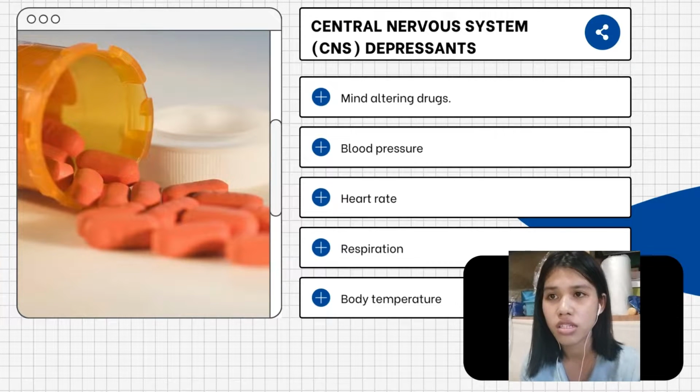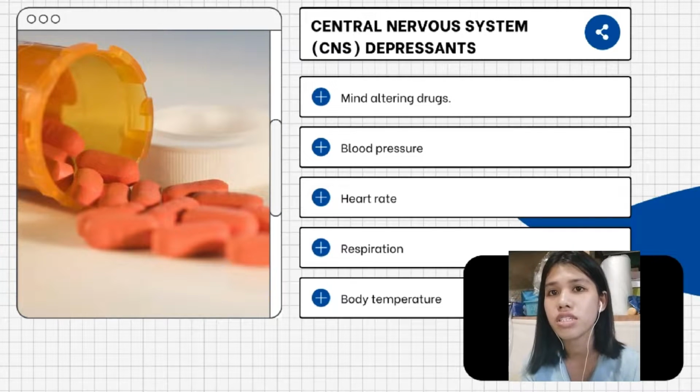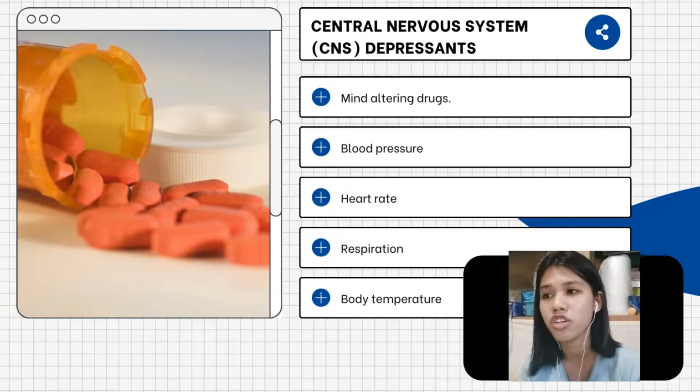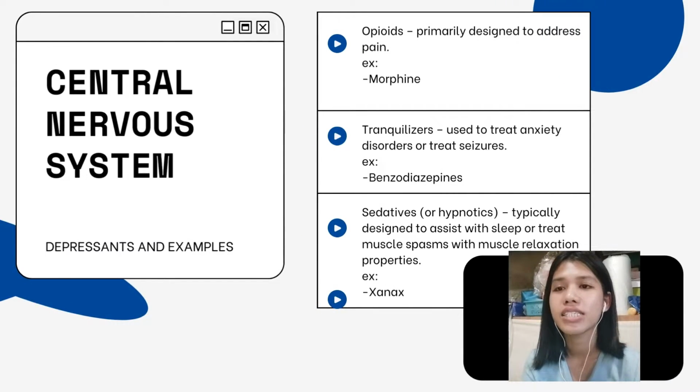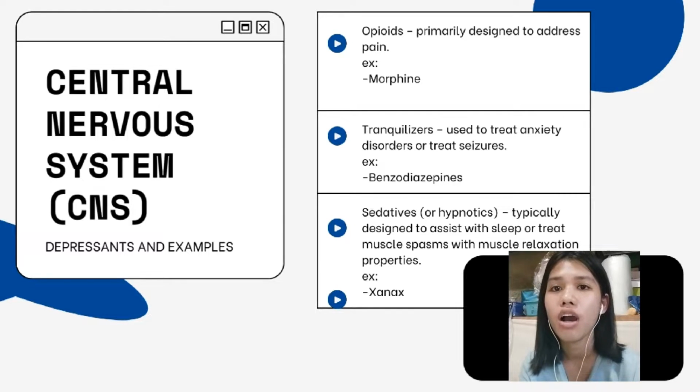CNS depressants are mind-altering drugs that may slow down or speed up the central nervous system and autonomic functions necessary for living. They may slow down or speed up our blood pressure, heart rate, respiration, and body temperature. CNS depressants can impact our neurotransmitters if this type of drug is misused.